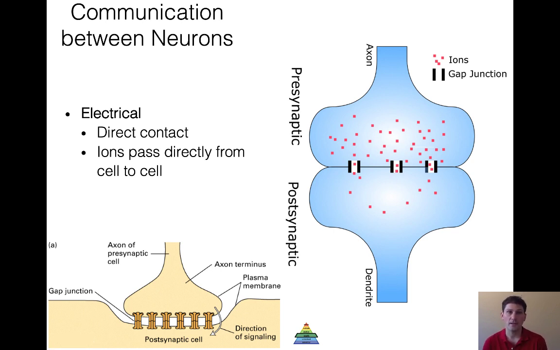There is direct contact, and the ions are passing directly from cell to cell. So the sodium that's coming in passes directly into here to trigger another action potential, or an EPSP in this case, and then eventually an action potential if we reach threshold. You can imagine there's almost no delay in this type of communication.